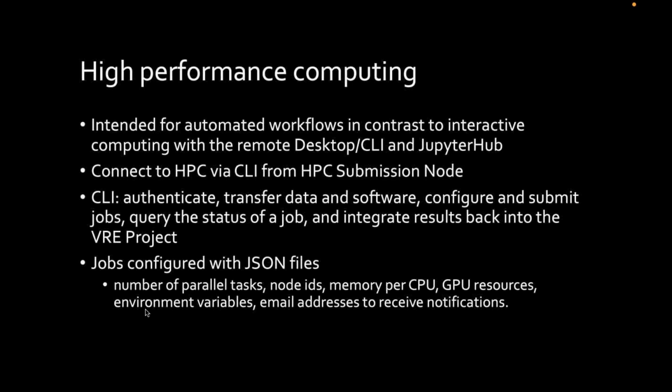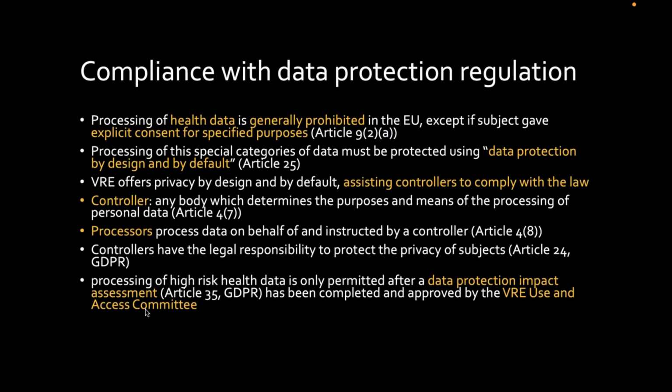A few words on high performance computing. Currently we have 200 nodes in the Charité IT for research HPC for research environment. Each has 16 cores and up to 192 gigabytes of memory. There are also some high memory nodes, a lot of storage for fast processing, and also some GPUs.